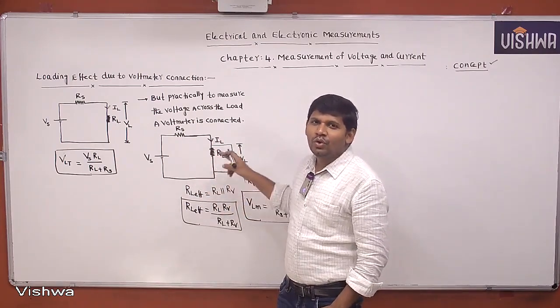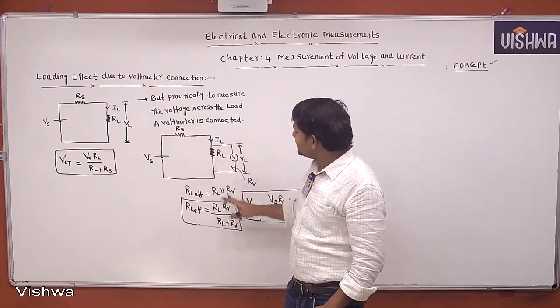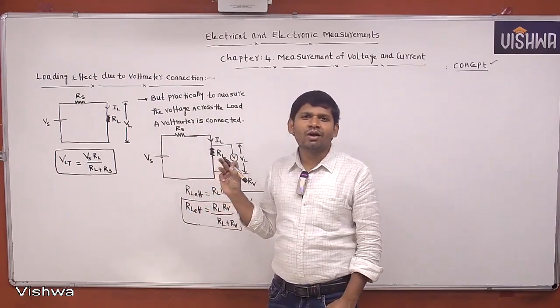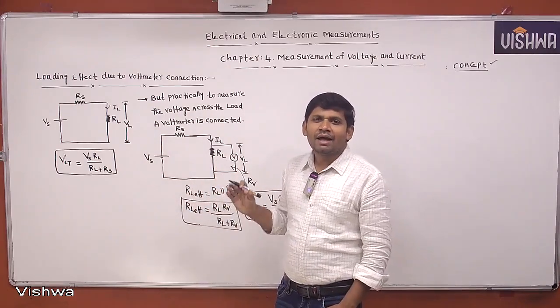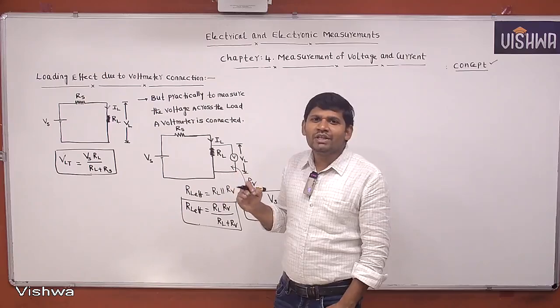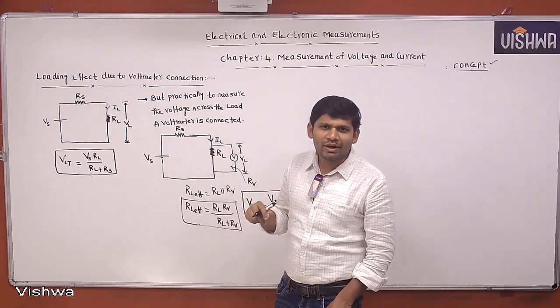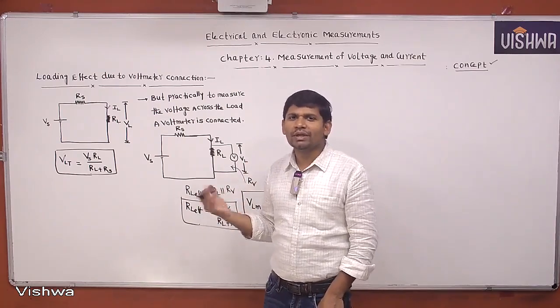Once the actual load conditions are changed, the measured value is deviated from the true value. This effect is called loading effect. And whenever the measured value is deviated from the true value, some error is introduced in the measurement. That error is nothing but a loading error.